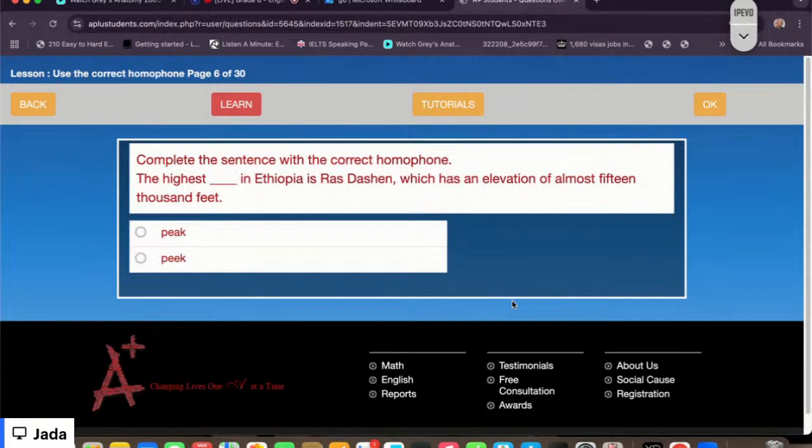Okay. The highest dash in Ethiopia is Ras Dashen, which has an elevation of almost 15,000 feet. So peak or peak?